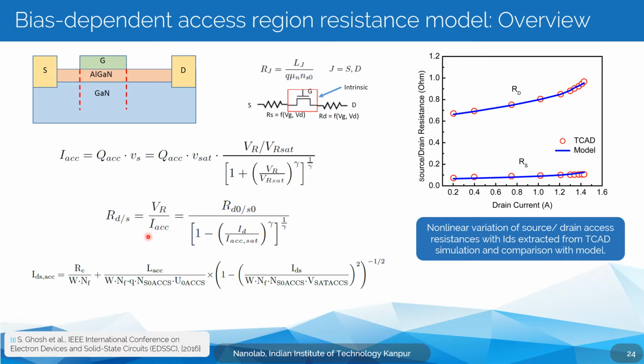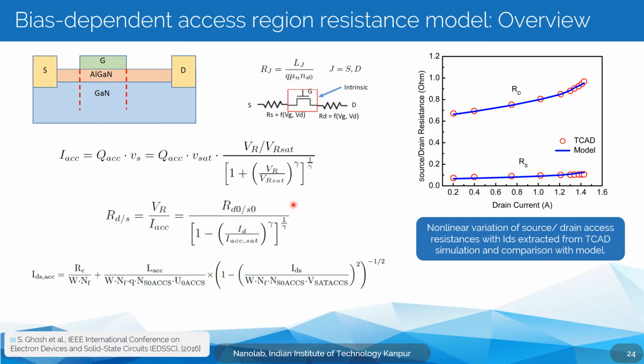Now note that this current should be the same as the current flowing through the intrinsic device. So once you define the access region resistance by this number, RD or RS, depending on whether it's the drain side or the source side, you have an equation which looks like this, which depends on the drain current and the saturated drain current. Now the saturated drain current is a fixed number because the saturation velocity determines it, and the drain current is the same as we discussed in the previous slides, the drain current from the core model.